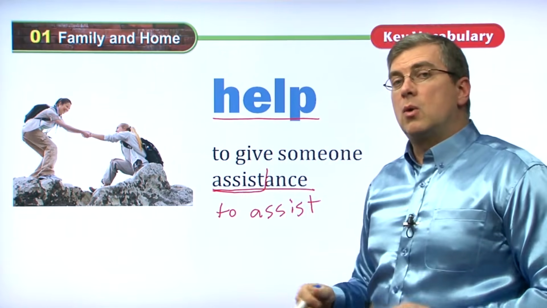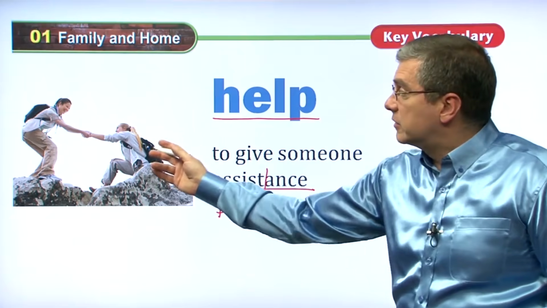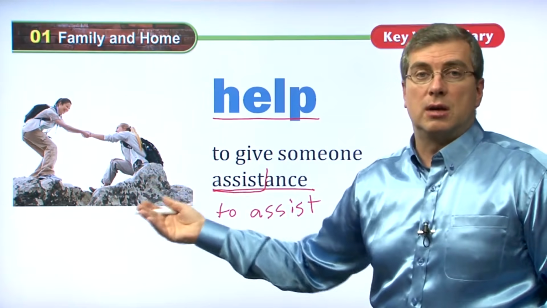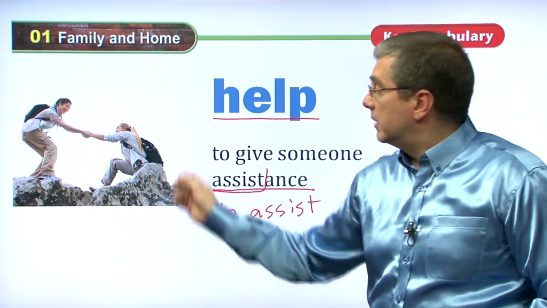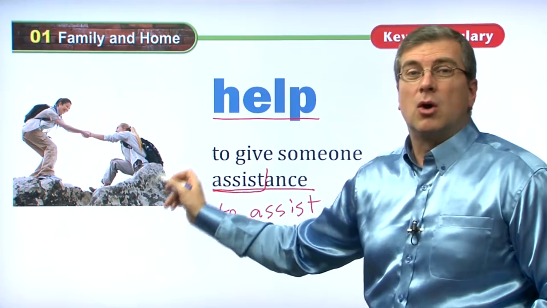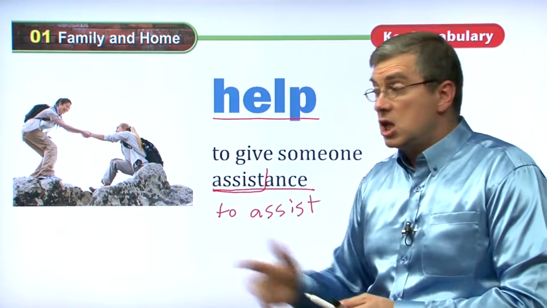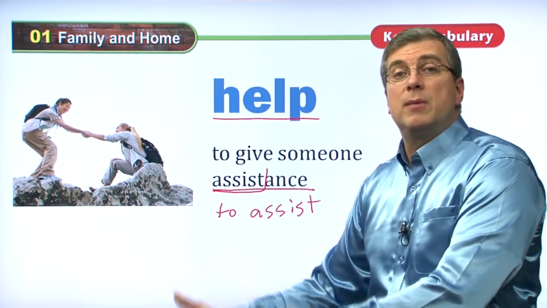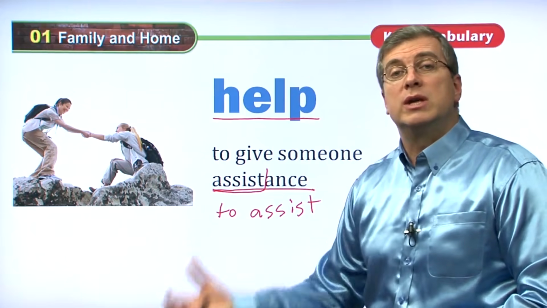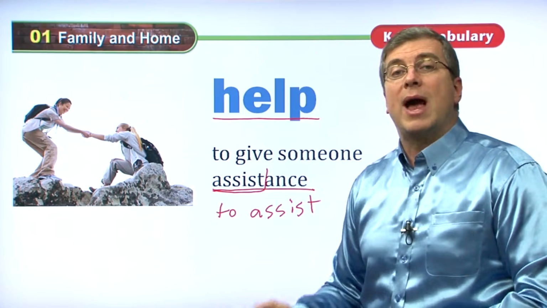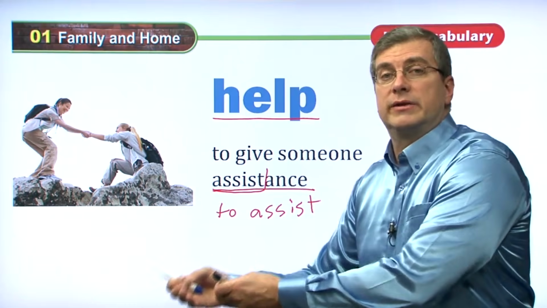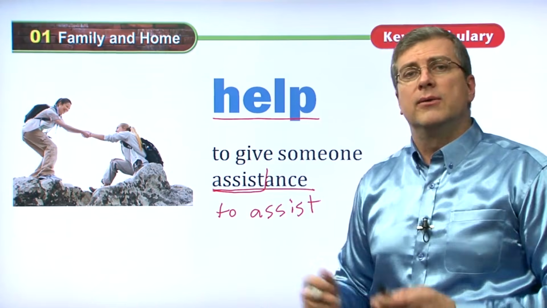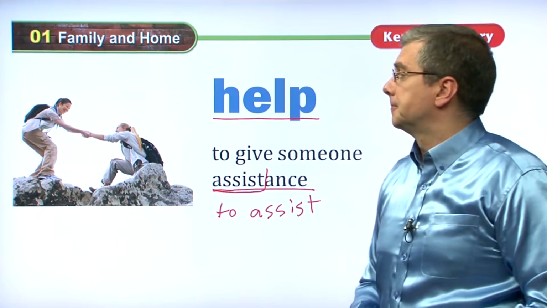To help someone or to assist someone is to help them overcome some difficulty, right? If somebody's having some hard time or they're struggling to do something, you help them. You help them succeed. You help them achieve their goal. You give them assistance. You help them do what they want to do. And that's very important. Families help each other.